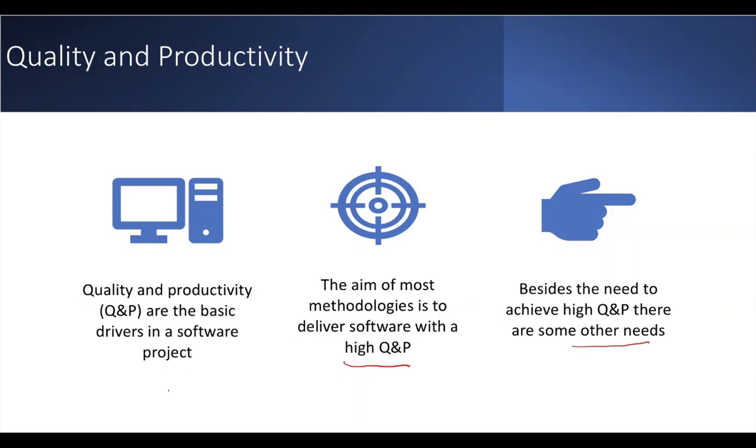So, in summary, when you develop a software, you would like to guarantee that the cost is effective, the cycle time is within the schedule. That means we're seeking high productivity and we are developing a software of high quality.